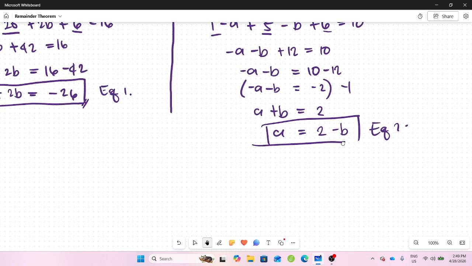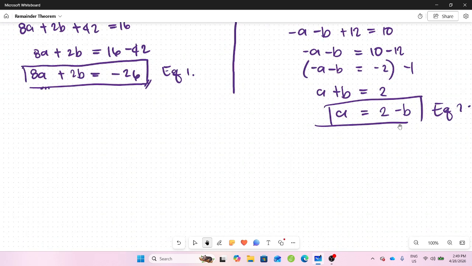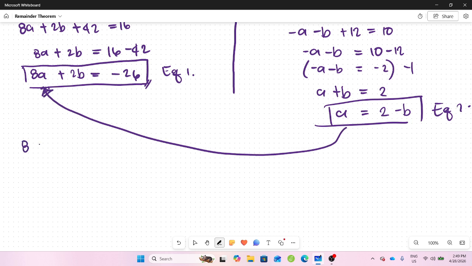Now what we can do is substitute this value of a into equation 1. So this becomes 8 times (2 minus b) plus 2b equals negative 26.